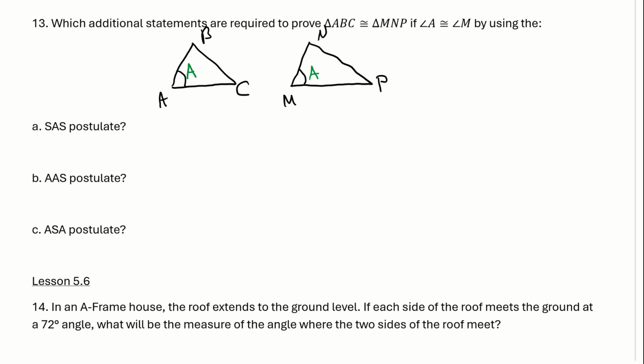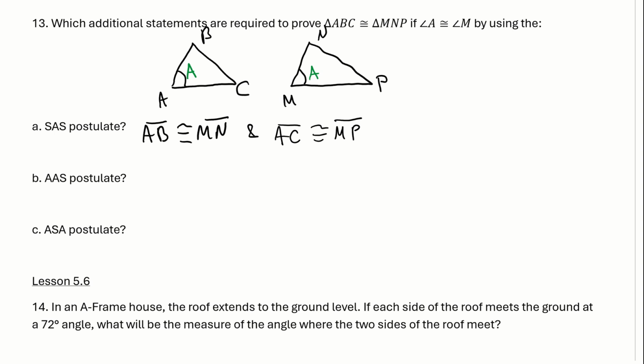I'm not going to put it on the picture though. That would be my first S. And I would need to know that AC is the same as MP. So those are the 2 additional things that I need to be able to prove it with SAS.